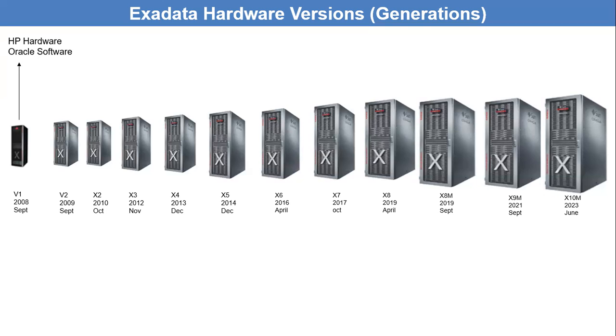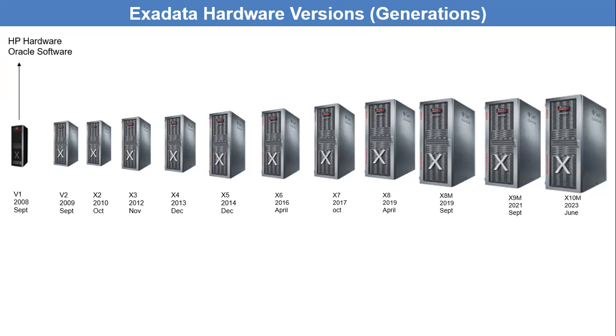Later, things changed. If you look back at history, Oracle acquired Sun Microsystems. Sun Microsystems was primarily into hardware business and, of course, the Solaris operating system. So with the Sun acquisition, Oracle also had their own hardware.